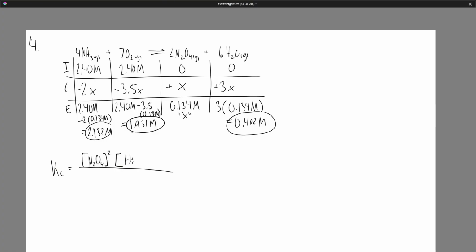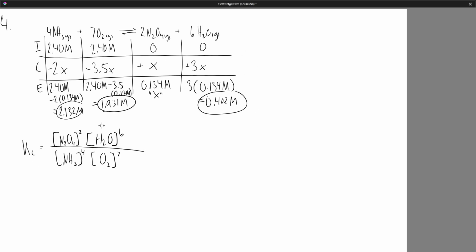Our next product is water vapor. It's got a 6 coefficient, so we put a 6 exponent here. We divide that by the concentrations of our reactants. So for ammonia, it's that raised to the 4th power. And for oxygen gas, it's raised to the 7th power.